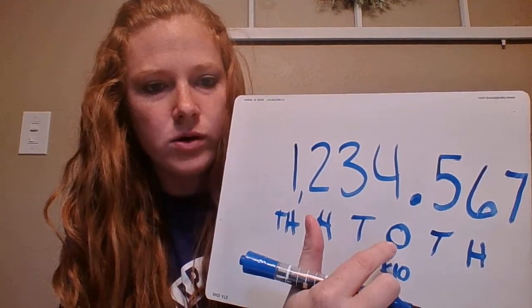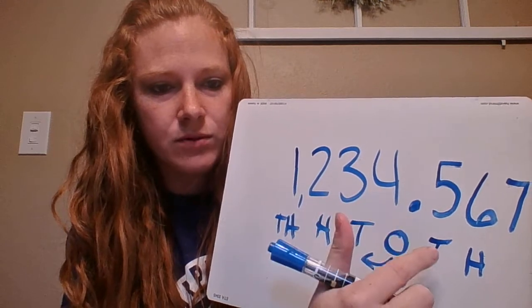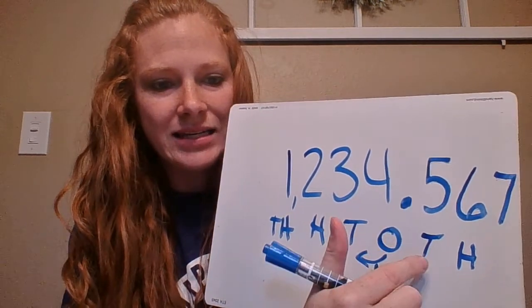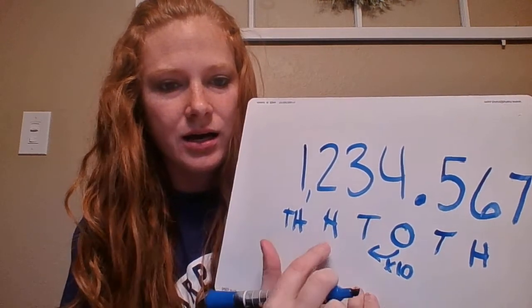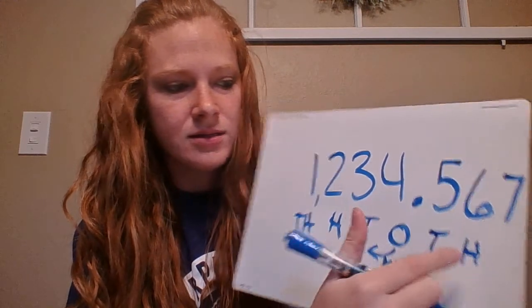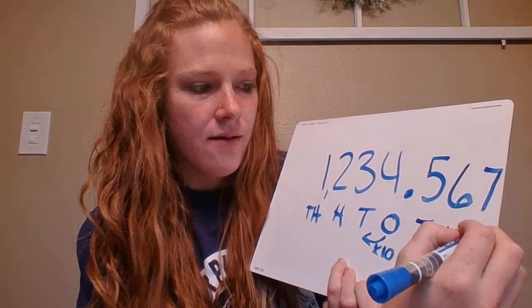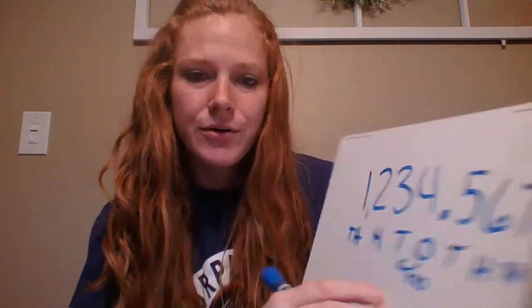If this was ones here, then there's a decimal, and we have tens and tenths, hundreds and hundredths. The next one would be thousandths. So I just wanted to go over that real quick so I can show you that our place value chart for decimals is really similar to how we do place values on whole numbers.